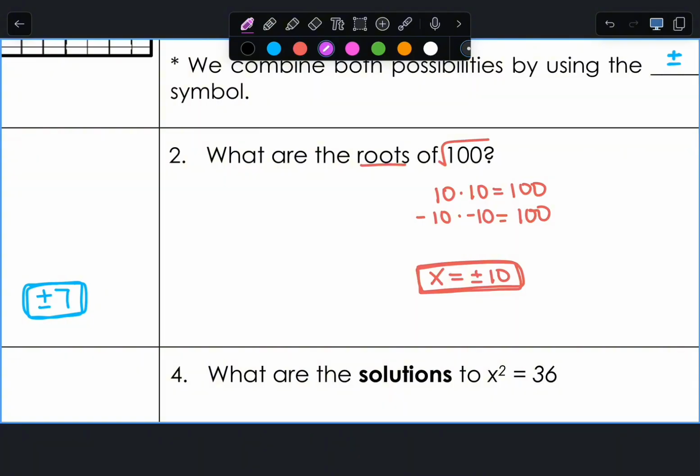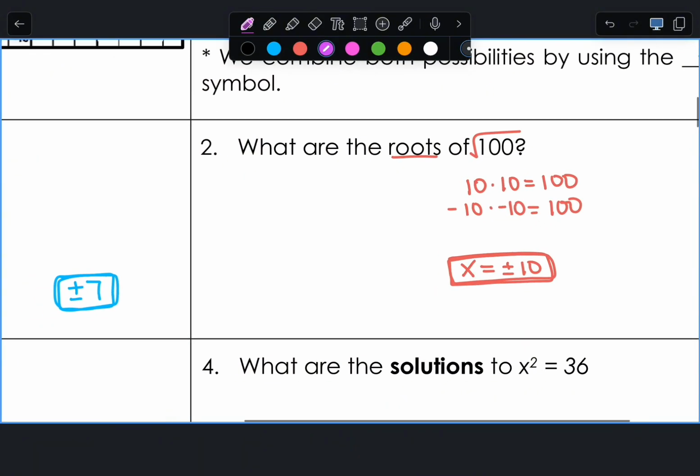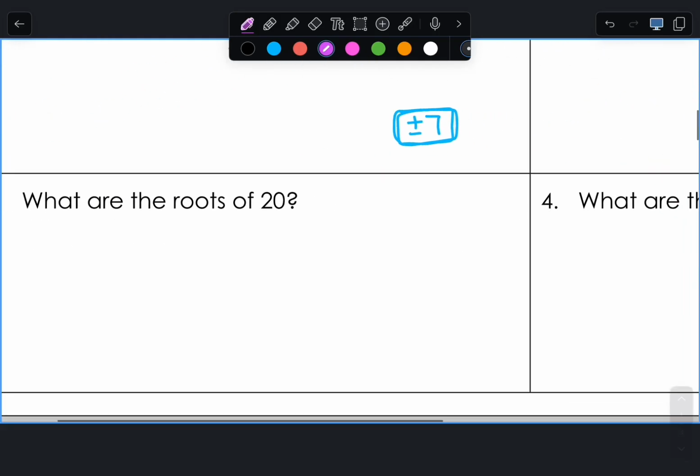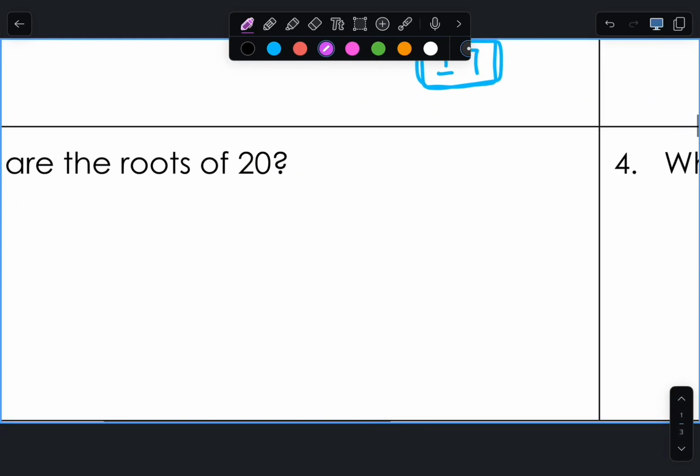Look at number 3. What happens when you take the square root of 20? It gives you a decimal. So when it's a decimal, you leave it under the square root.